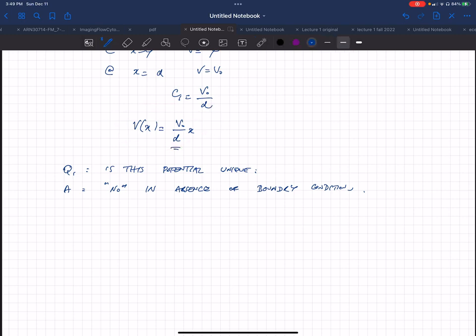But having something that satisfies Laplace's equation and the boundary conditions always gives us a unique solution.